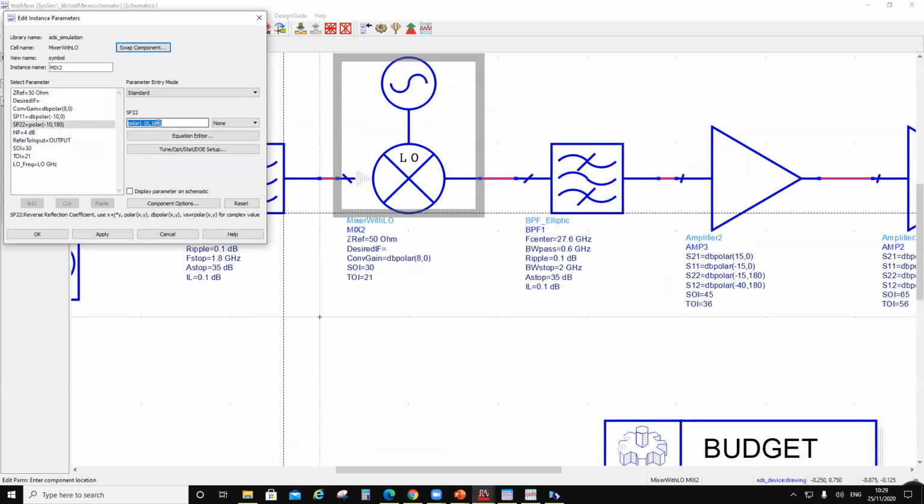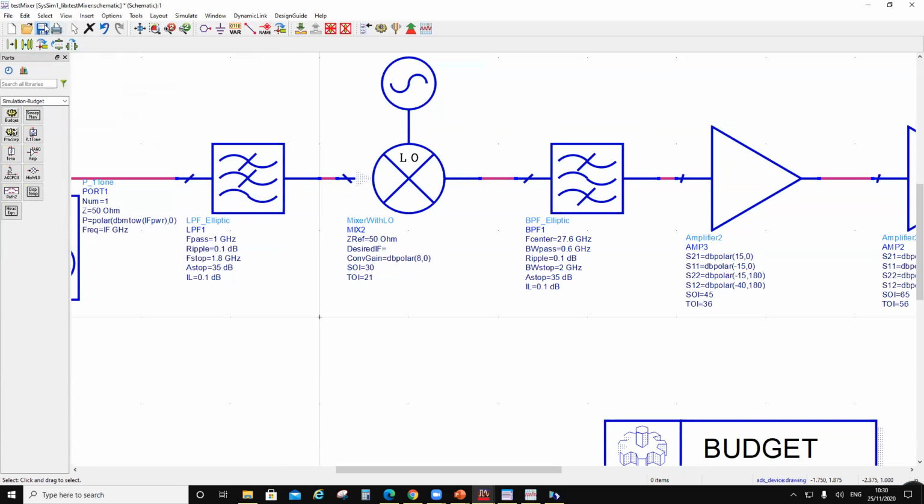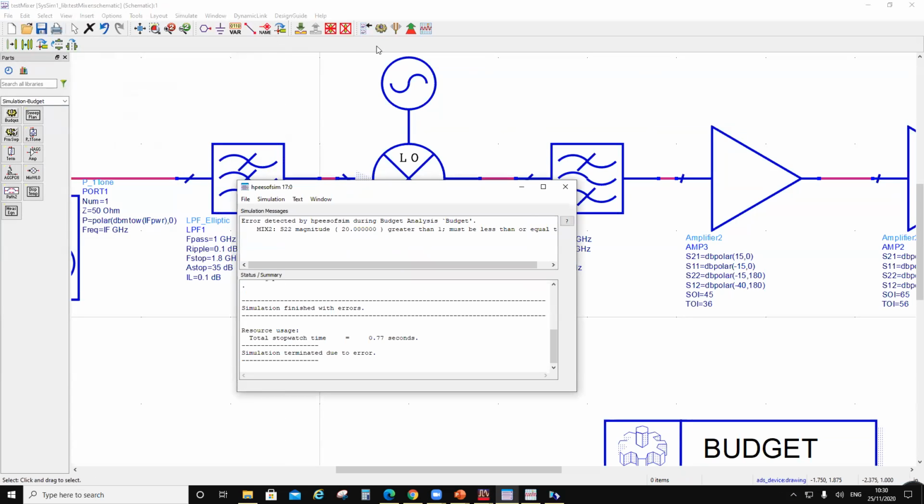Why would it complain? It should not. If it is this also, it should not complain, right? Unless it is interpreting it as a positive number. See, it is interpreting it as a positive number.